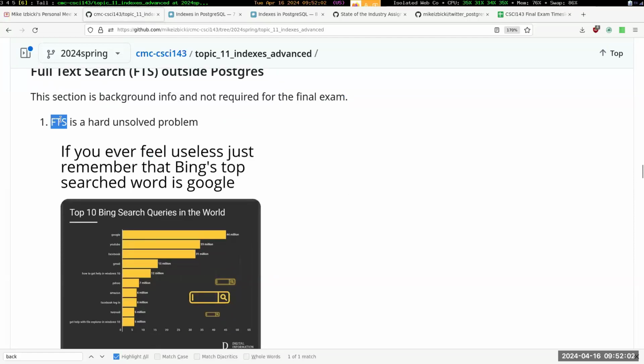The main thing about full text search is that it is a hard and unsolved problem. If you are all graduate students, then to fully study full text search would take multiple graduate level classes. So we're not going anywhere remotely near the state-of-the-art details.